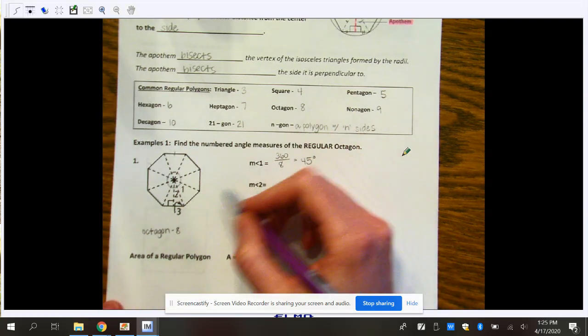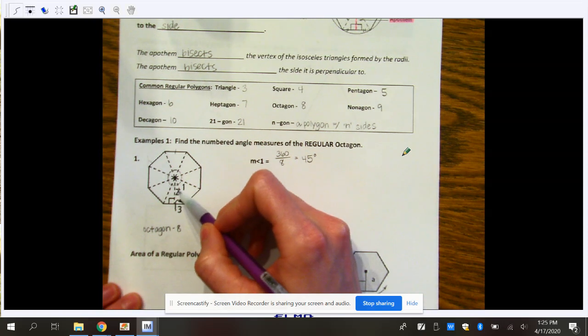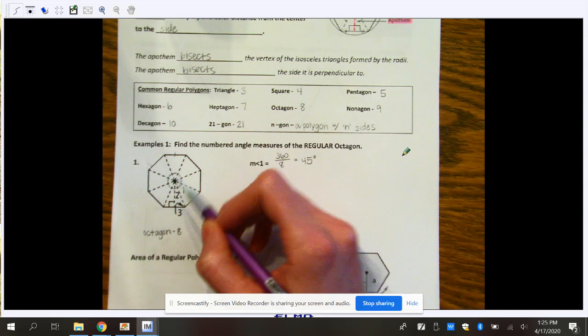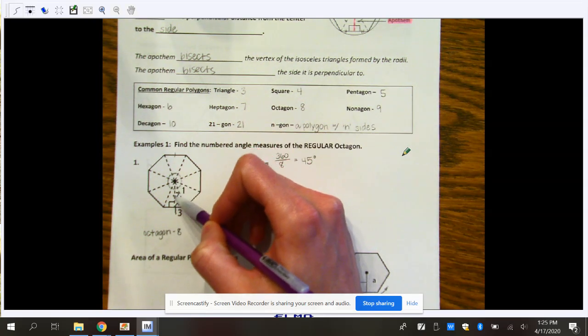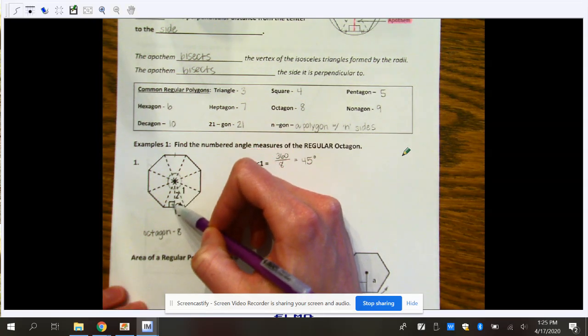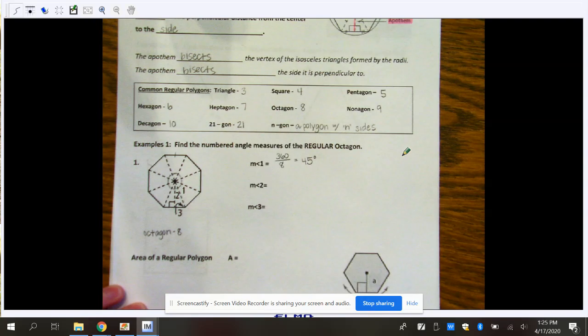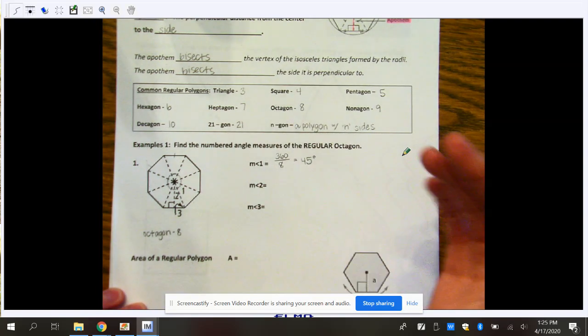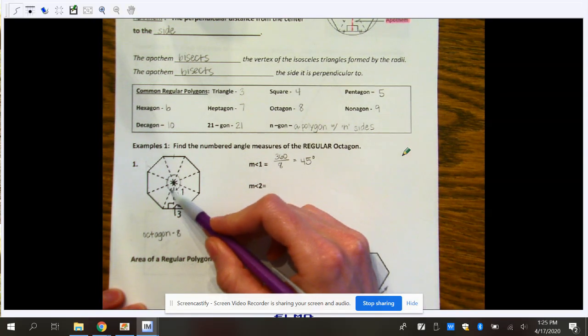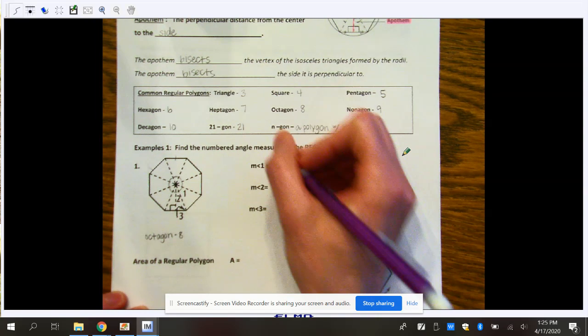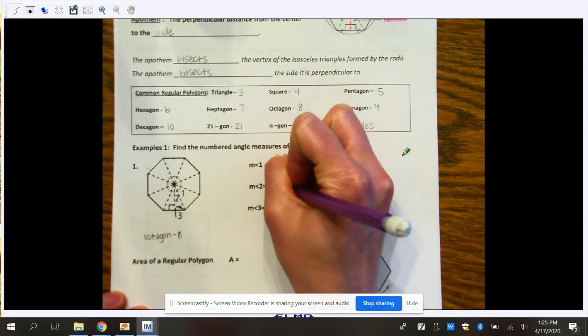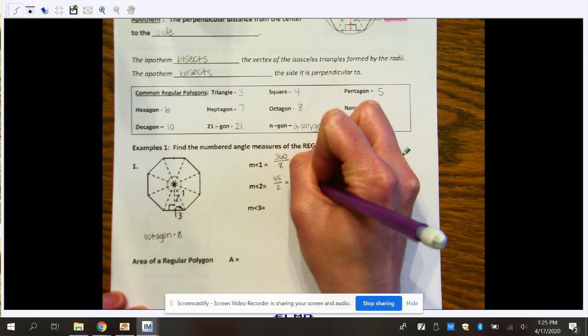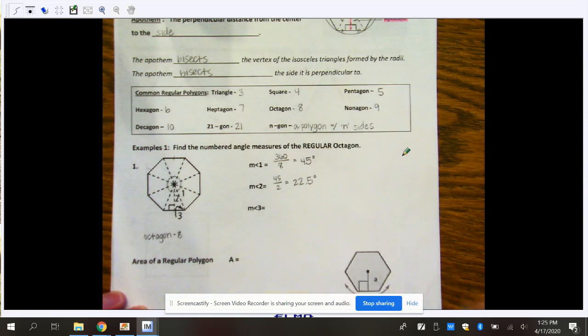And so that would be the measure of angle 1. So now angle 2 is this angle right here. Well, this segment right here is the apothem of this octagon, and the apothem bisects the vertex of that central angle. And so if this whole angle is 45 degrees, if I divide that in 2, I get 22.5 degrees.